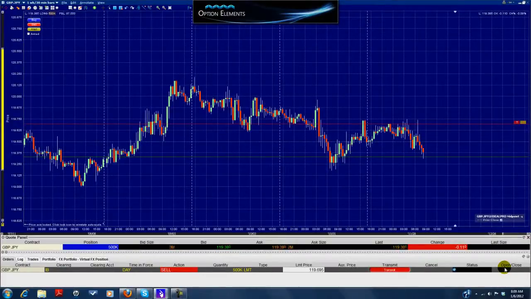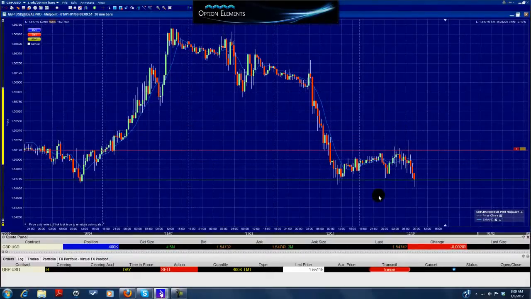Okay, while I was up getting some coffee, we got filled on our buying some British pound and some Japanese yen. Actually, this is the pound yen pair. This is the pound dollar. So we're long 400 right here on the green line. Now you can see where our candle is on the pound dollar.